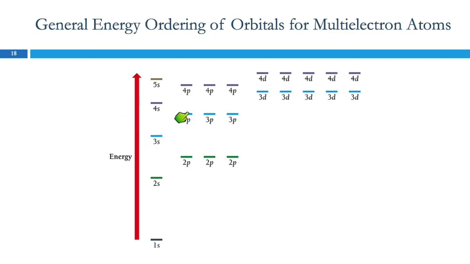But this is where things get kind of crazy. The 4s is actually lower in energy than the 3d. So they start to overlap. And then we have 4s, 4p, 4d. And again, the 5s comes in here, and it's lower in energy than the 4d. And that's all like, what the heck?